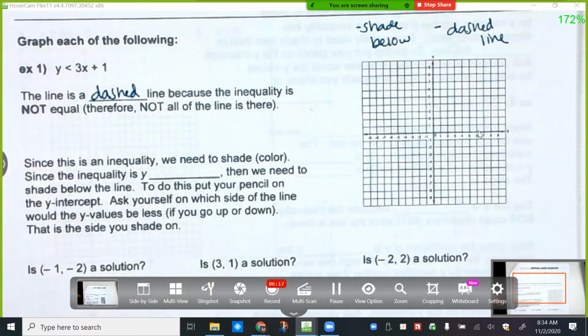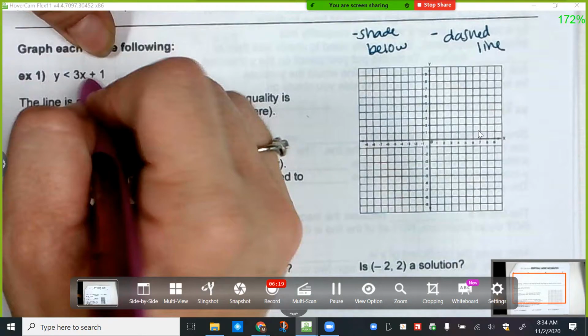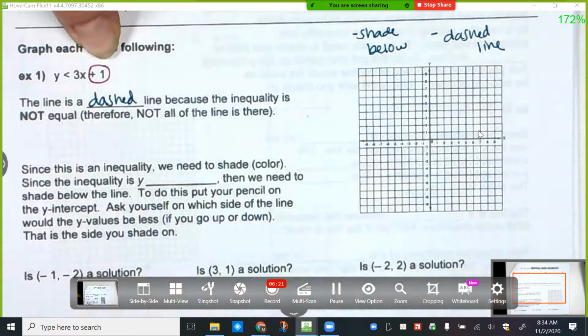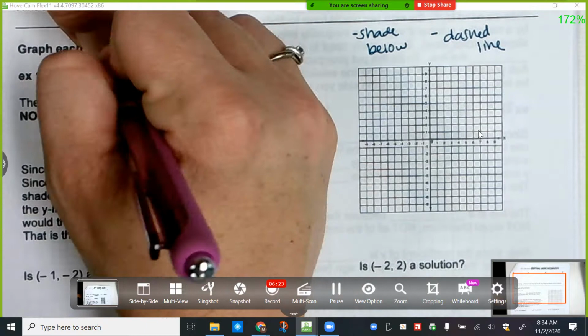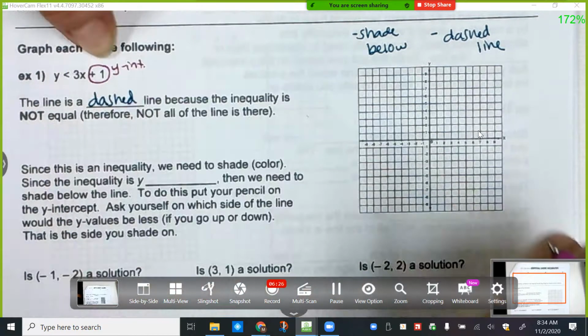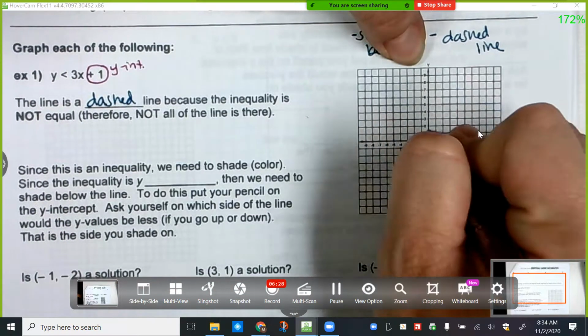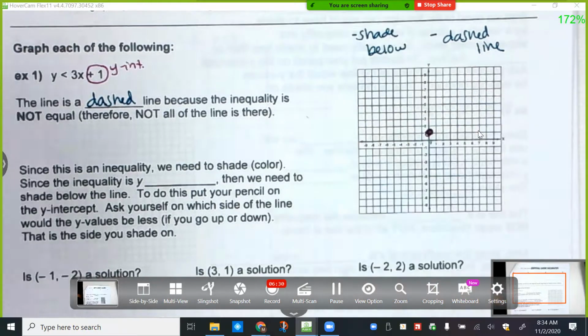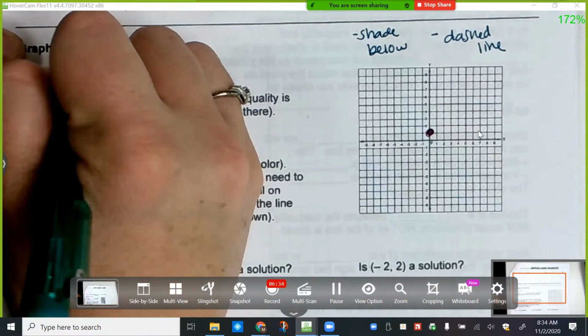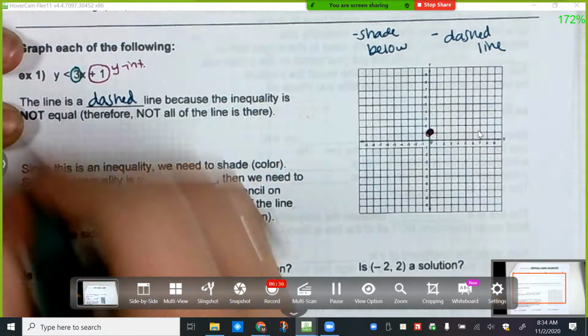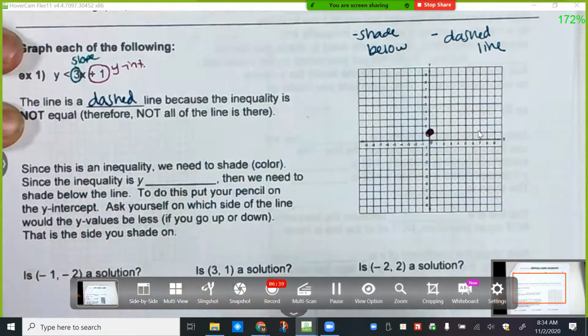Okay, so we're going to go ahead and plot points. Remember, your number by itself is your what? Y-intercept. So I'm going to go to my y-axis, and at positive 1, I'm going to put a point. What is the number in front of x? That's my slope.